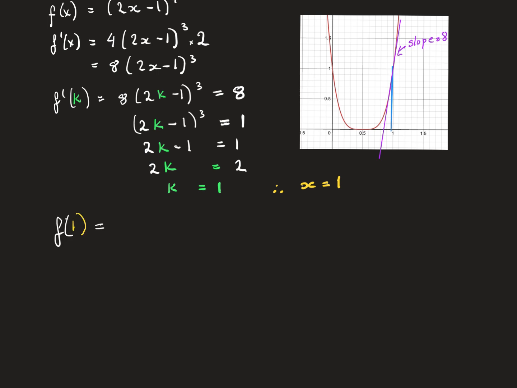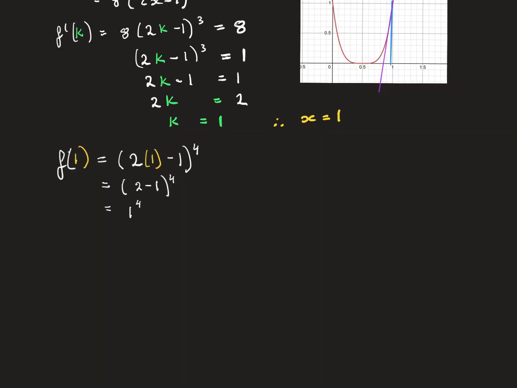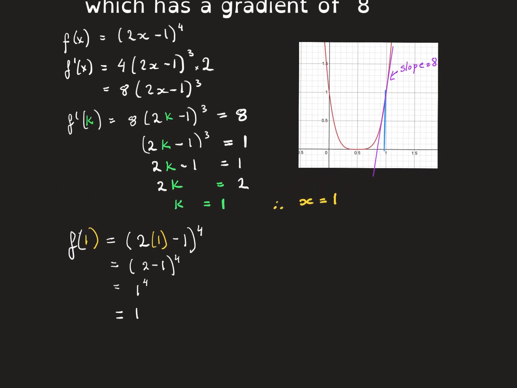Substituting 1 there, I will put (2 × 1 − 1)^4, which is simply 1. And this is evident when I look at my graph over here, that this is 1. So my coordinates are (1, 1).